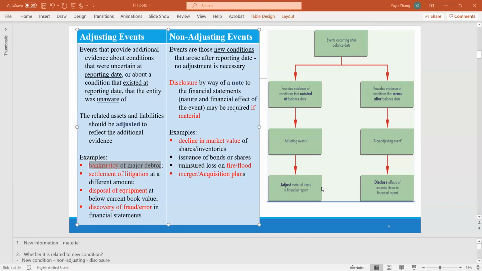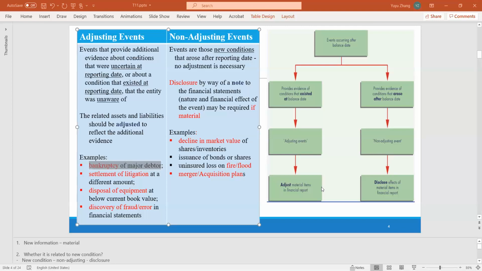Okay, so if we understand what adjusting events are, of course, those other things which are not recognized as existing events will be recognized as new conditions and will require disclosure in the notes. For example, decline in the market value of shares, decline in the market value of inventory.